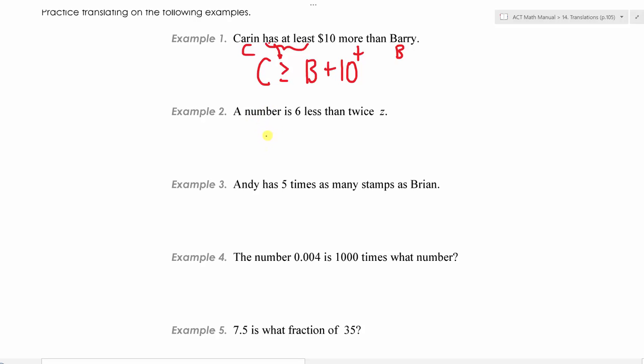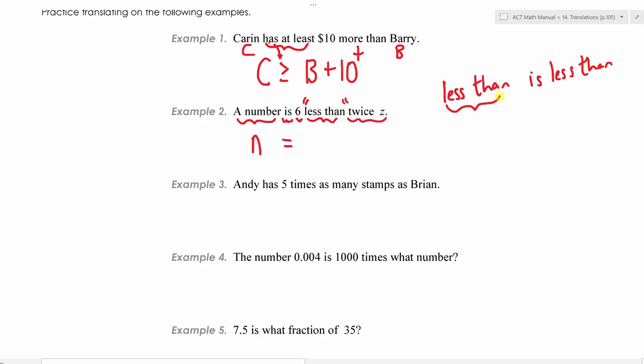Example 2 also can be tricky. A number, I'll do this one phrase or word at a time, 6 less than twice Z. So a number, I'll call that N, is, now this less than phrase, keep in mind that less than, this is the first note, less than and is less than, those are two different phrases.